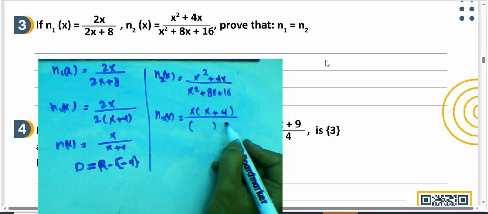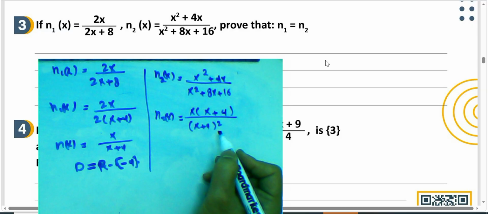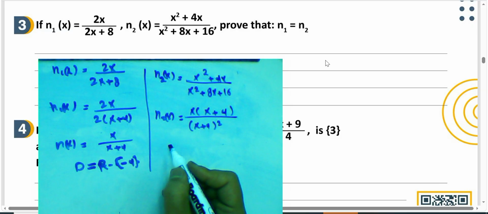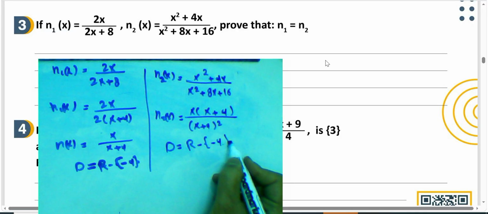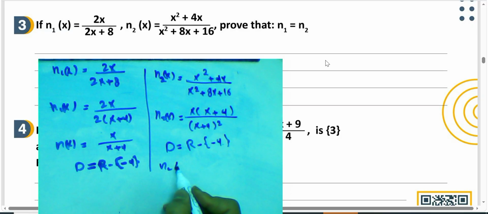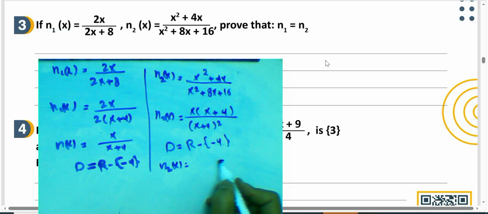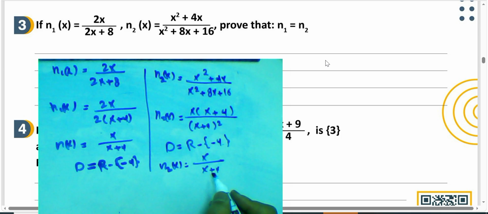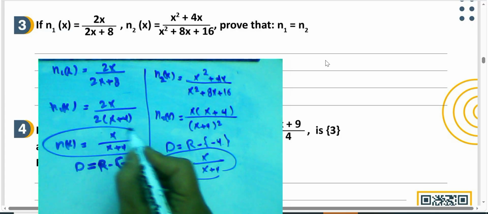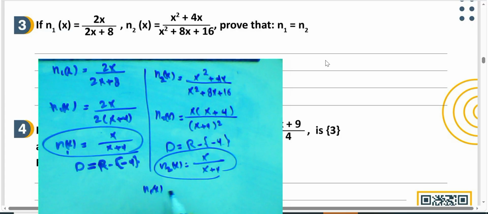This expression will be x plus 4 power 2, a perfect square. Then the domain will be R subtract the set of 0 and negative 4, and you can simplify this function, write x up and divide x plus 4 in numerator and denominator, then we have x over x plus 4 only. Then they are equivalent here. n1 of x equivalent to n2 of x, and also domain 1 equal domain 2, then n1 equal n2.